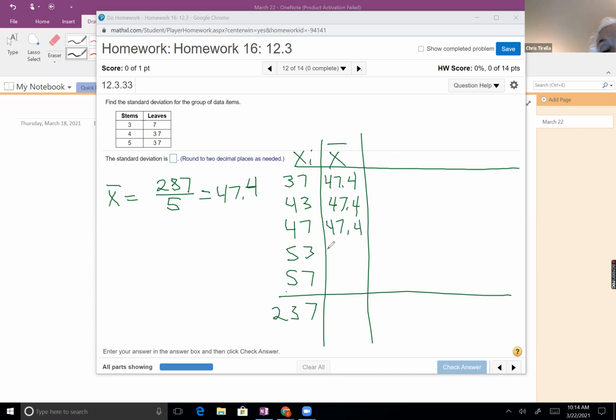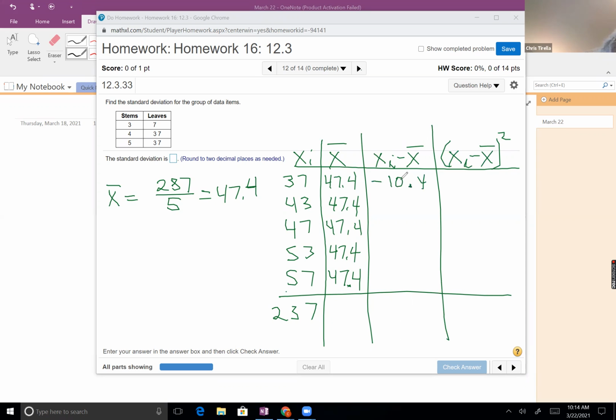This is one of those ones where I get lazy and I find it easier to finish filling in the table sideways than up and down. Remember, we're going to take each value and subtract the mean. And then after we subtract them, we have to take those differences and square them. So when I take 37 minus 47.4, I get negative 10.4.